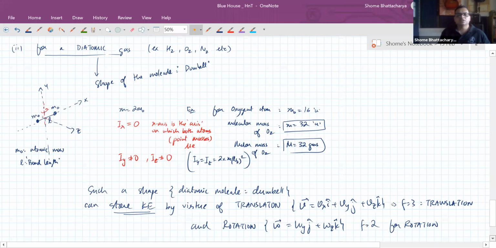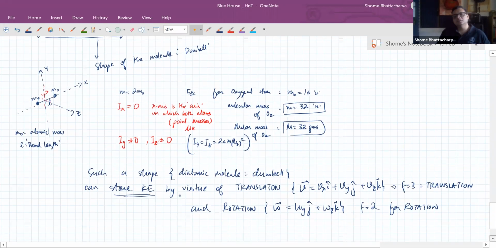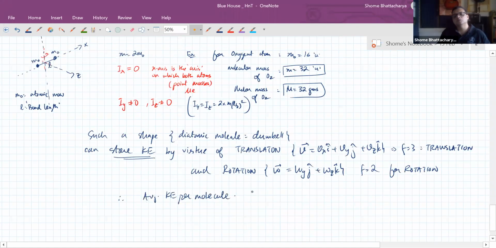Okay. So for such a molecule, the average kinetic energy per molecule will become half I omega squared average plus half m v squared average. Okay. So this will have 2 degrees of freedom and this will have 3 degrees of freedom. So the total degrees of freedom will be 5.